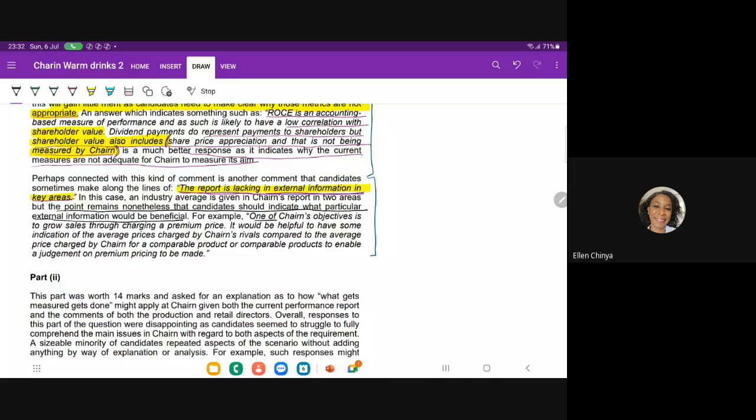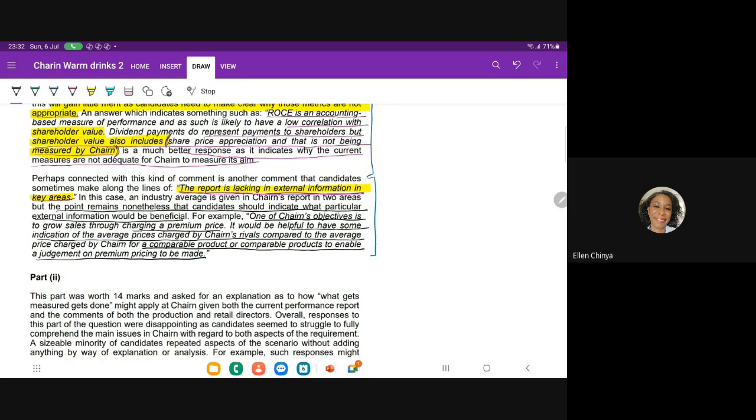For example, one of Sharon's objectives is to grow sales through charging a premium price. It would be helpful to have some indication of the average prices charged by the company's rivals compared to the average price charged by the company for comparable products, to enable a judgment on premium pricing to be made.